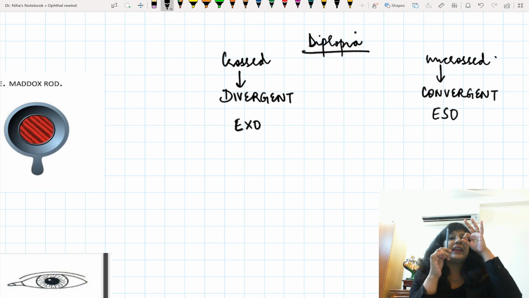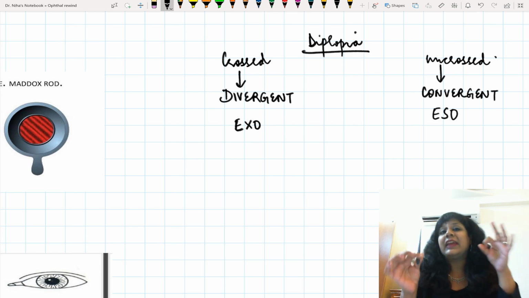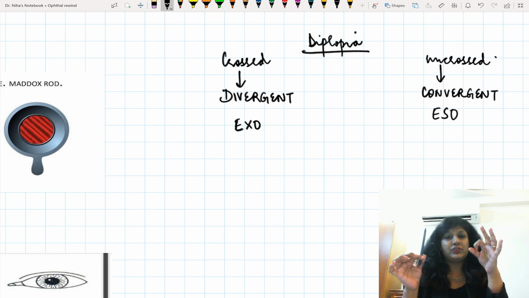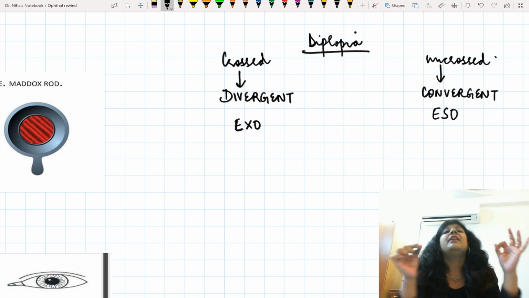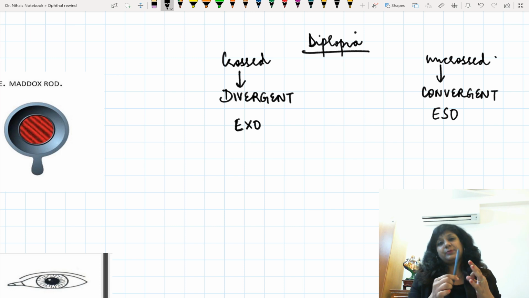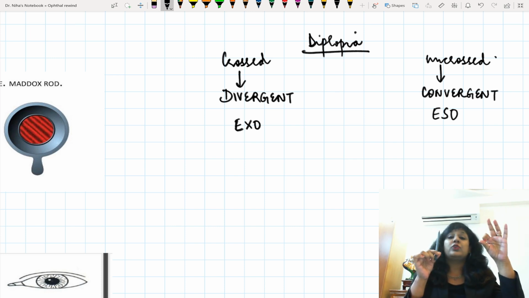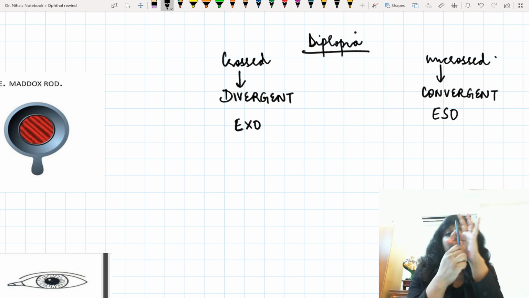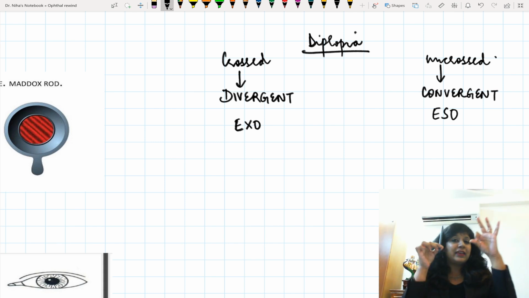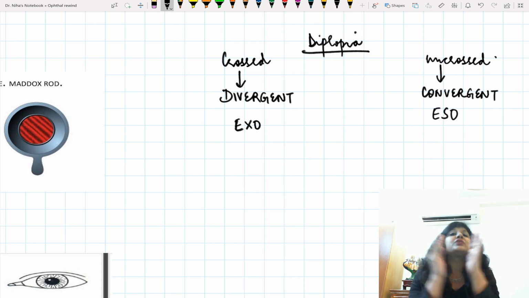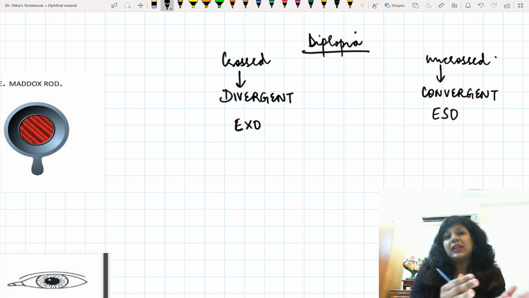So by this we have created dissimilar images. Once you have created the dissimilar images, obviously there will be no fusion. By creating the dissimilar images, we are breaking the fusion.